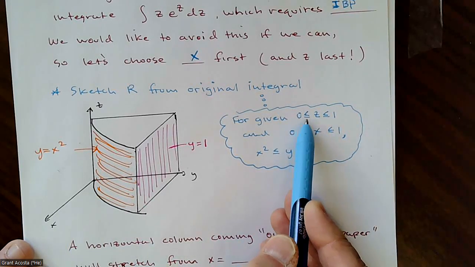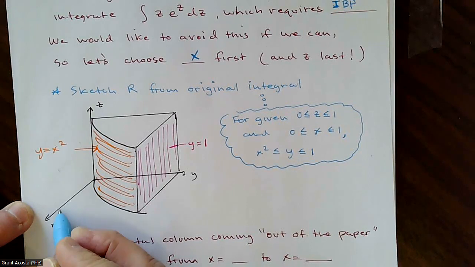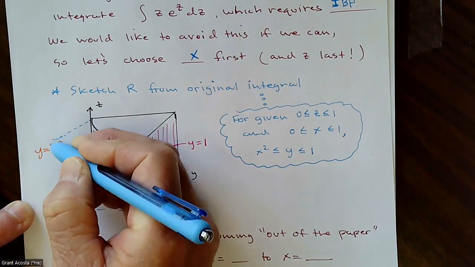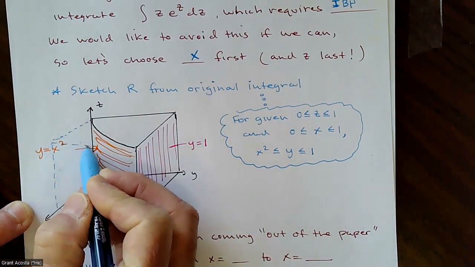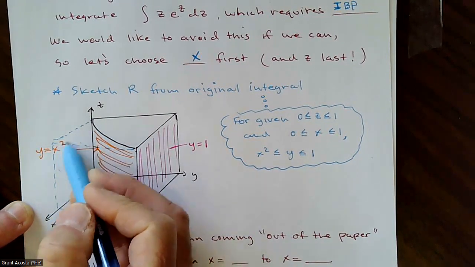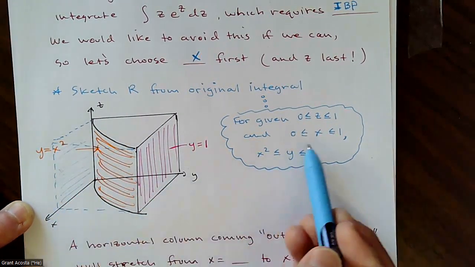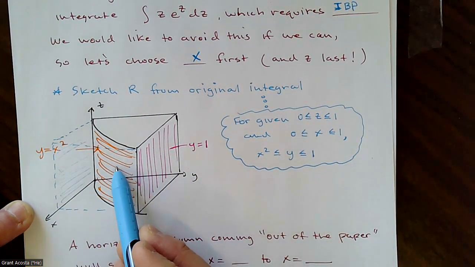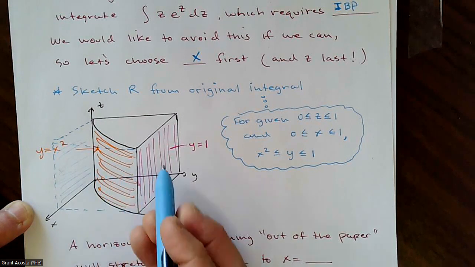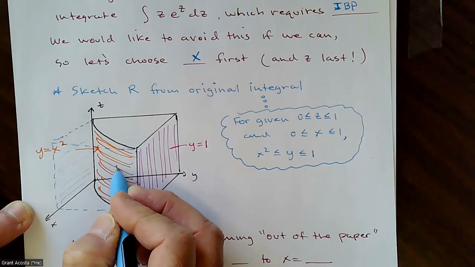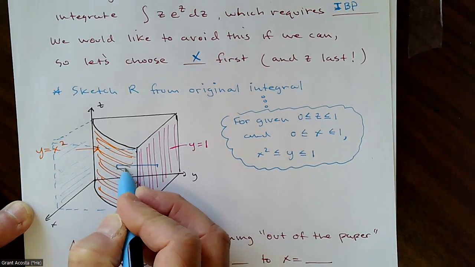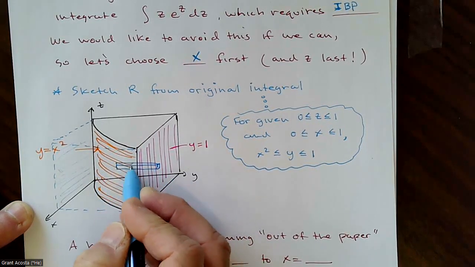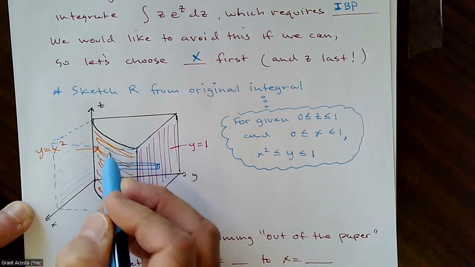Now, because z goes between 0 and 1 and x goes between 0 and 1, you can kind of picture that if I were to project this back onto the xz plane, that would all fit between this square right here, where z is between 1 and 0 and x is between 1 and 0. And in fact, the way the original integral was described, you can imagine, it's hard to draw this, a horizontal column stretching from 1 to the parabola, filling up this region.